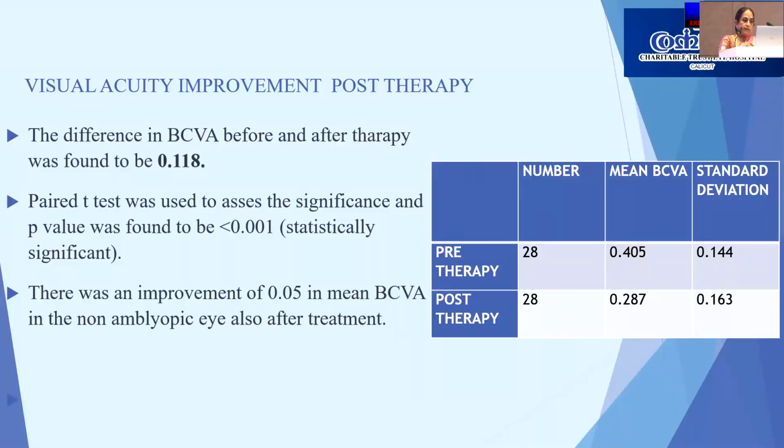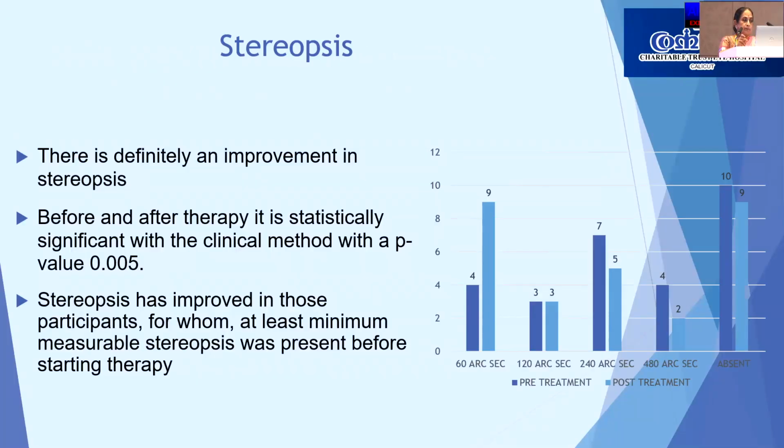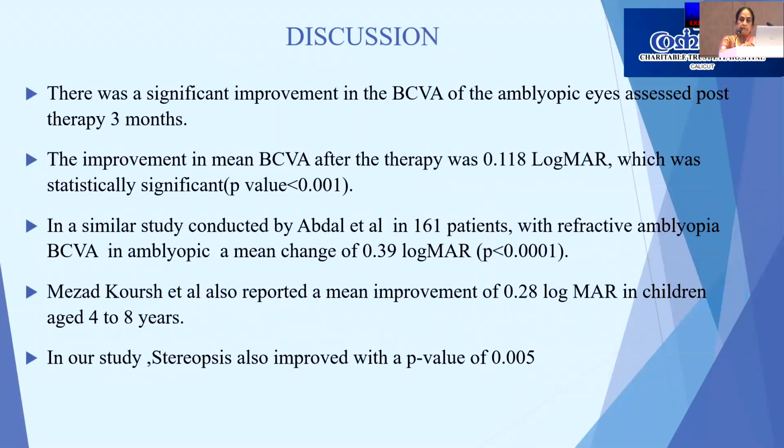There was an improvement of 0.05 in the non-amblyopic eye as well. Stereopsis also improved, with a p-value of 0.005, in participants who had a minimum stereopsis. There was significant improvement of vision, which was maintained for 3 months, and in binocular vision also.